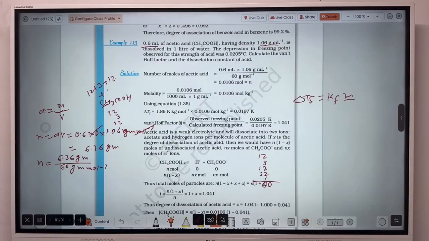That means 6.36 grams upon 60 grams per mole.